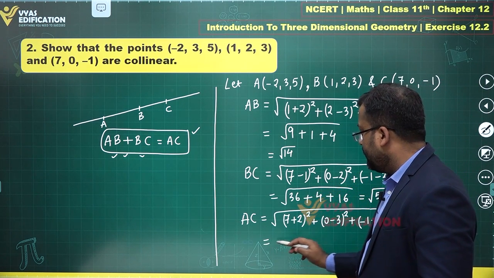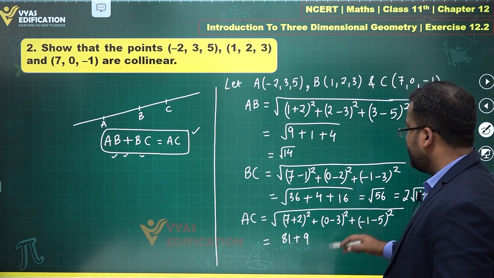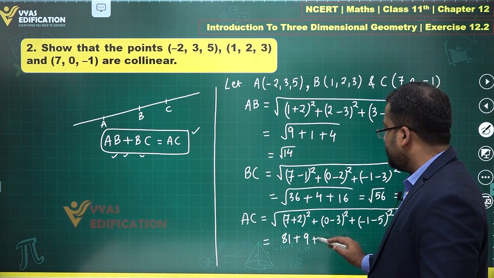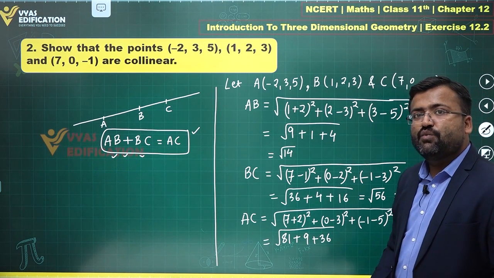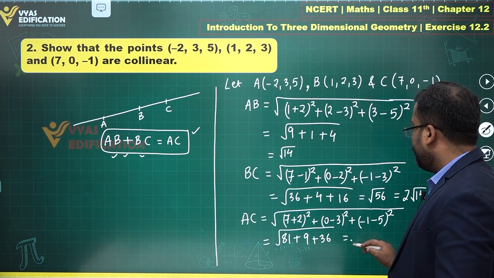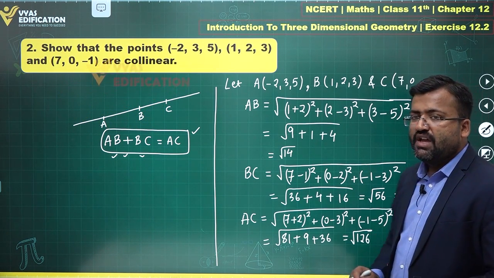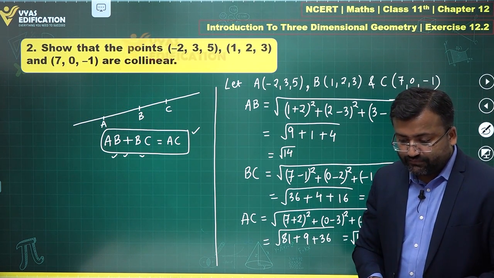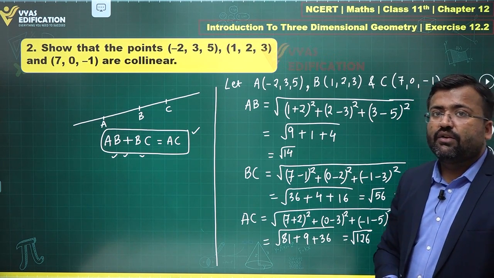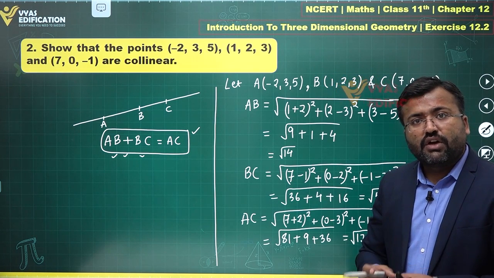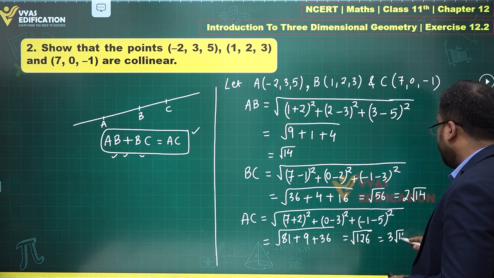This is 9 squared, which is 81, plus minus 3 squared, which is 9, and this is minus 6 squared, which is 36 in the under root. This is 90 plus 36 is 126. Now what is 126 equal to? Can we factorize 126? Yes. 126 can be divided by 9, and what will you get? 9 times 14. Now the square root of 9 is 3, so this becomes 3 square root of 14.